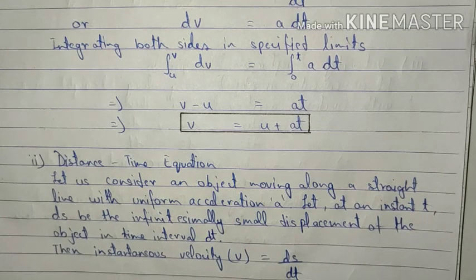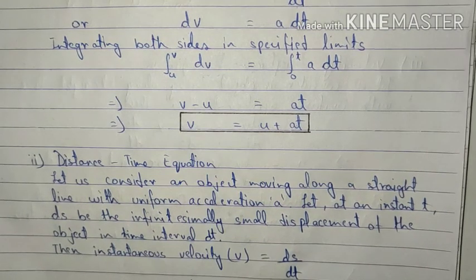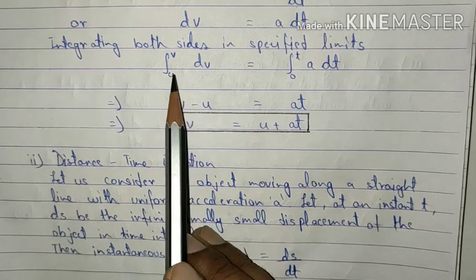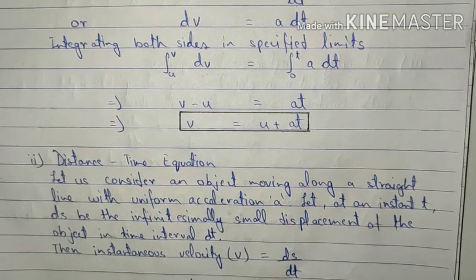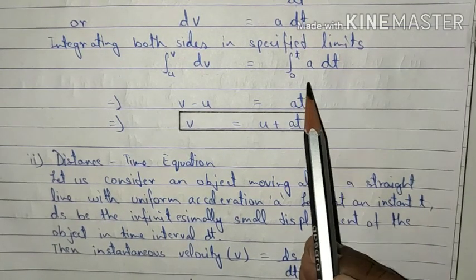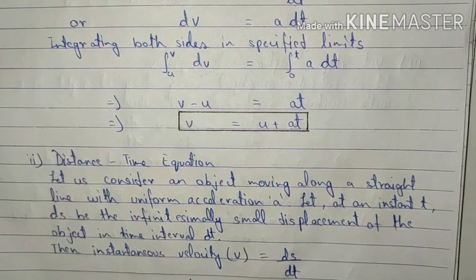Now we all know that the integration of dv will be v, and because it is between the limits u to v, it can be written as v minus u. However, when we integrate a dt, we all know that a is constant over here because we are talking about uniformly accelerated motion.